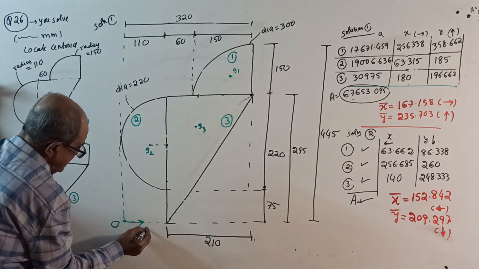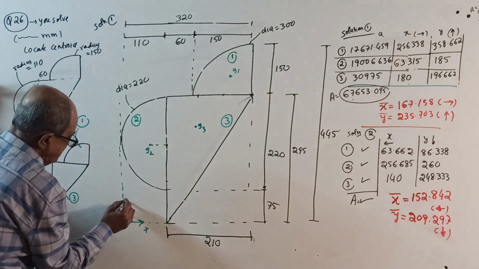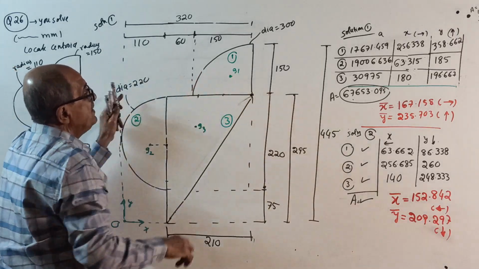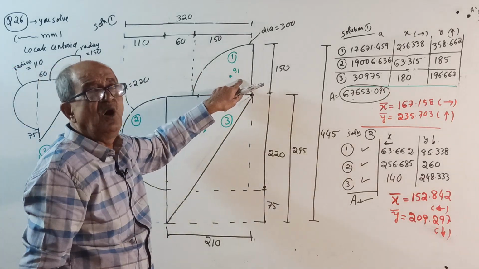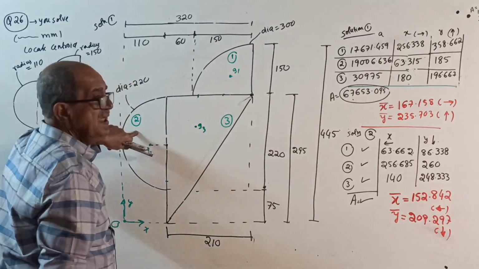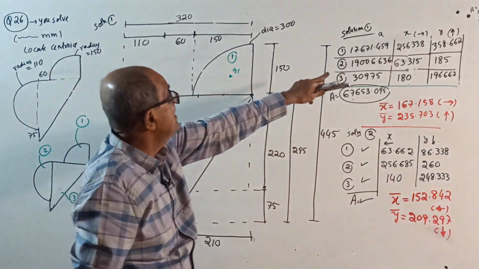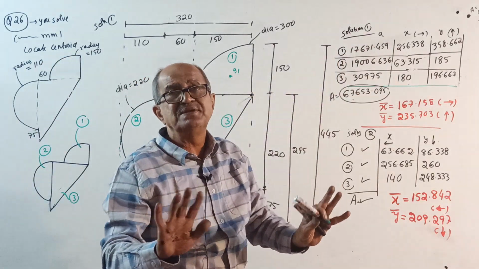Take x this way and y this way. The areas I will not tell: pi by 16 of diameter square, pi by 8 of diameter square, half into base into height. I am not wasting time writing all the statements.